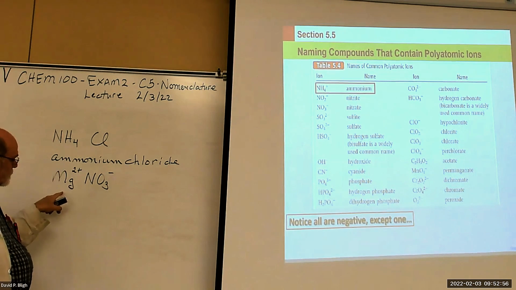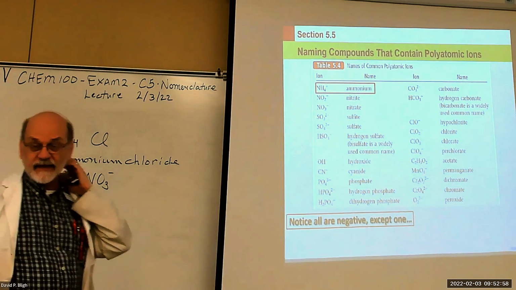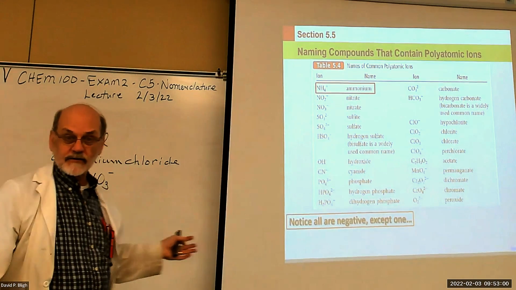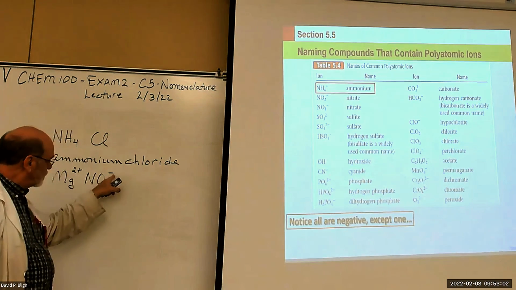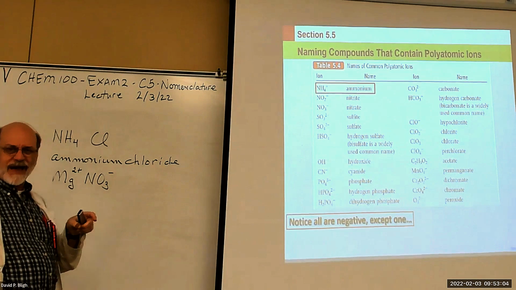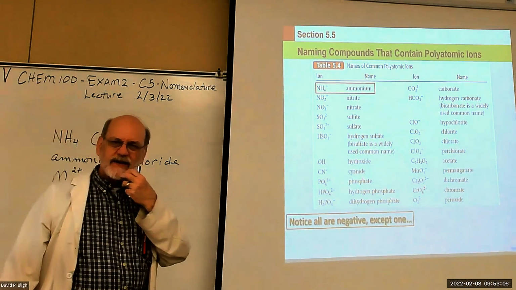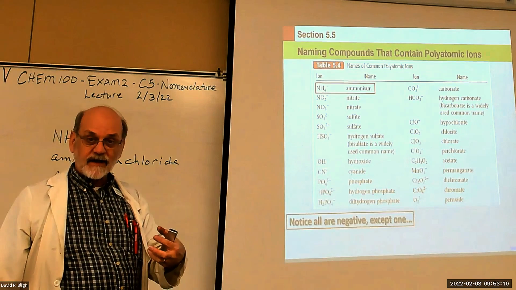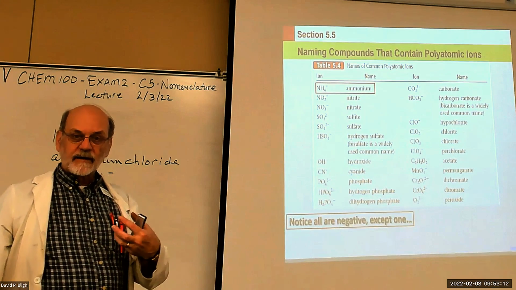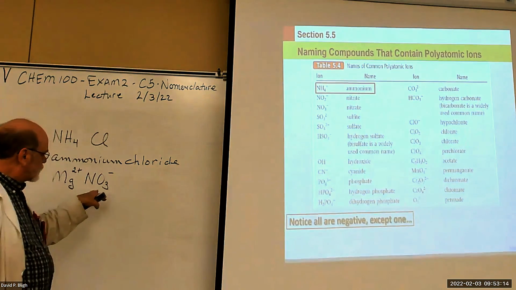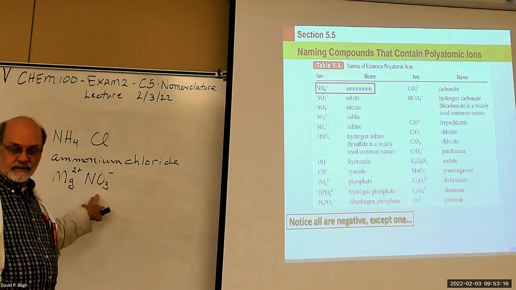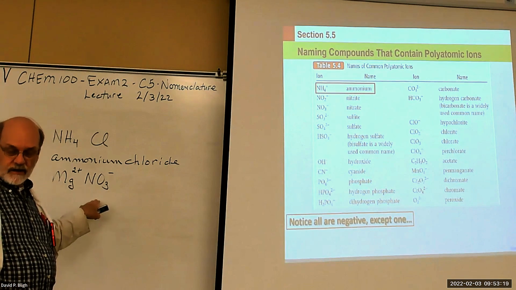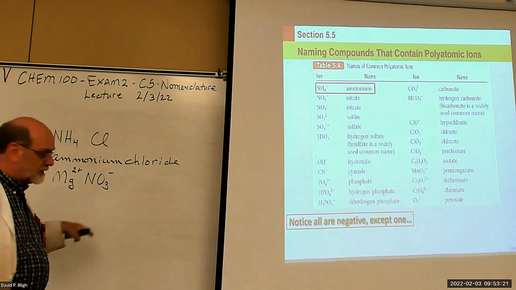So we wouldn't say anything yet because it's not balanced, right? 2 plus here, -1 there. So how do you balance? How do you write into a compound with a polyatomic to be sure that you're preserving the polyatomic part of that compound?